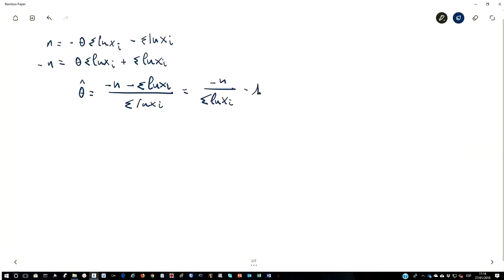But this is not enough from the mathematical point of view, so we have to check by doing a second derivative of this first one. If this second derivative is negative, in this case, we can affirm that it is a maximum. So the following step is to do the second derivative with respect to the parameter.